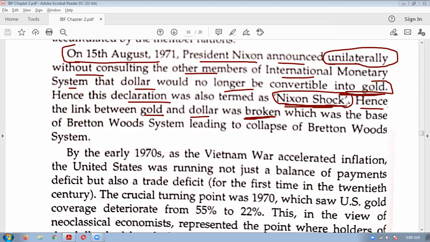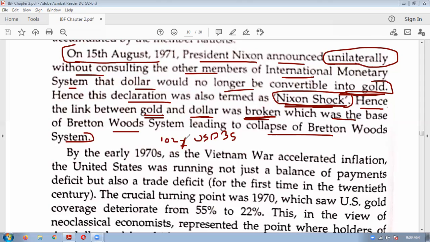The link between gold and dollar was the base of the Bretton Woods system, so its breaking led to the collapse of the system. The entire system was based on this: 1 ounce of gold would be convertible to 35 US dollars. If the president of the USA said that from now on we will not convert gold to dollars or dollars to gold, the link was broken.